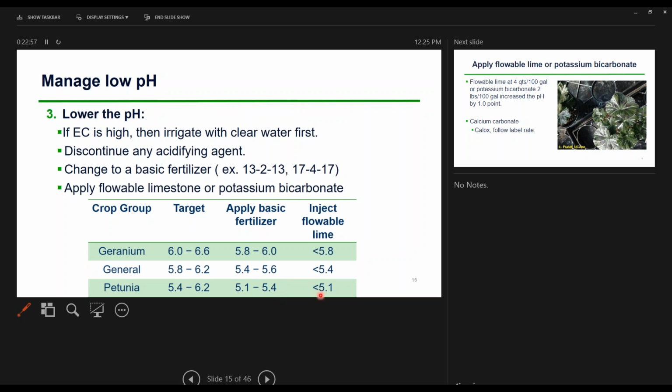But of course, if the pH goes way too far from even how low petunia likes it, then you can think about injecting flowable lime. But this is a good example. Just think petunia doesn't like it to have the pH too high. So your first tool should never be to apply flowable lime. Instead, you just use the fertilizer, which is a slower way to raise the pH, but it's one that it's less aggressive, right?